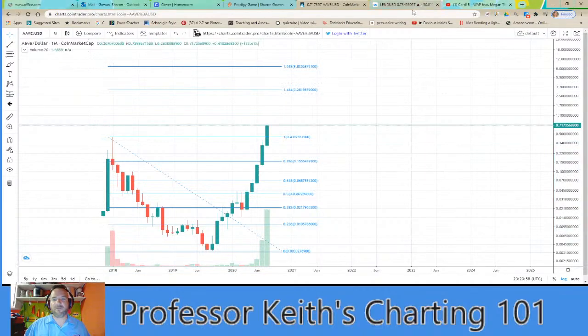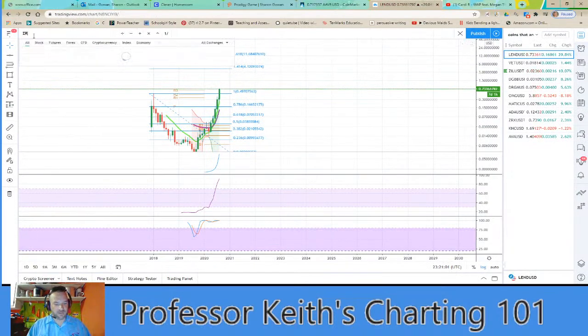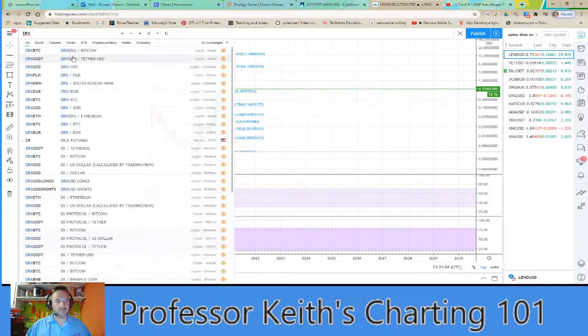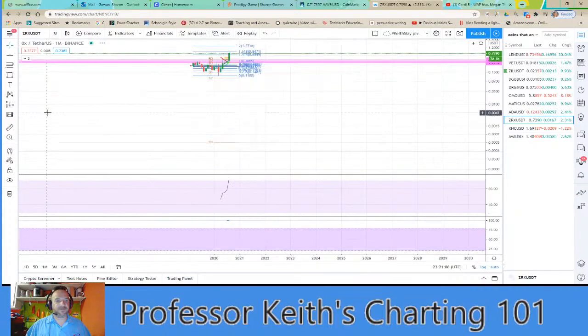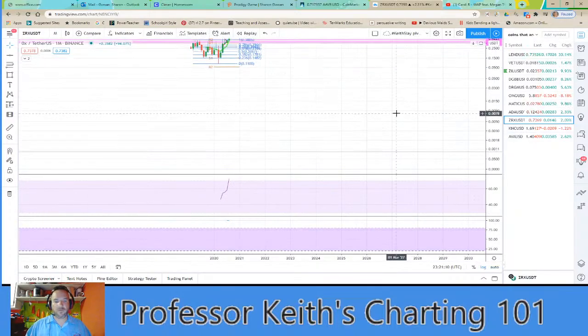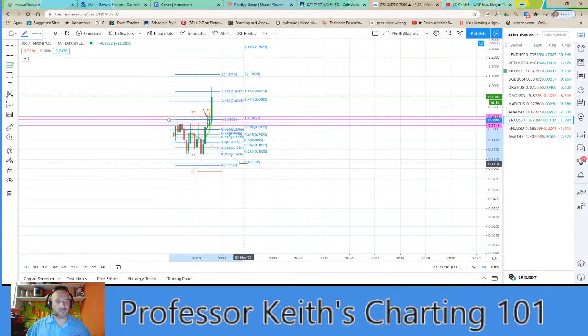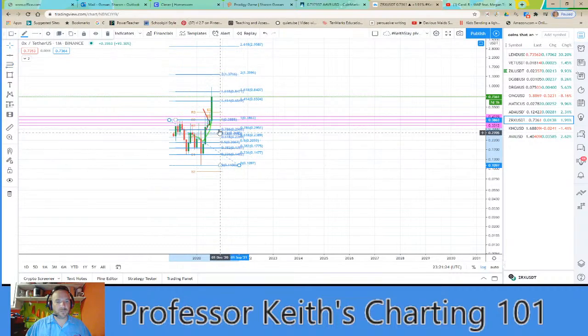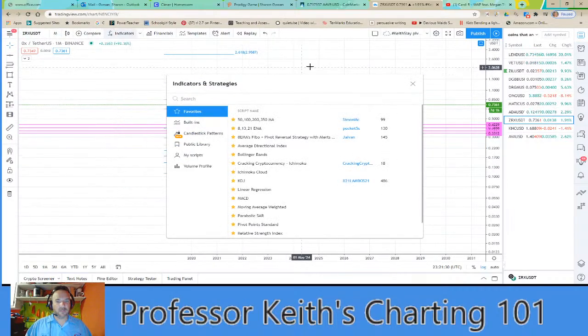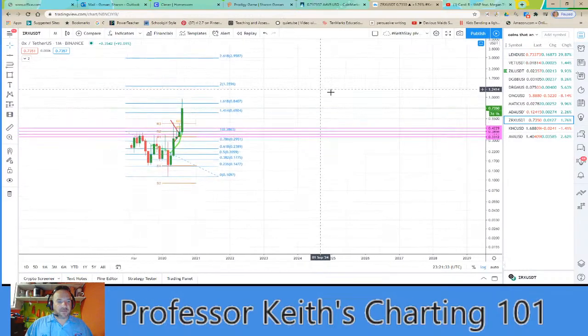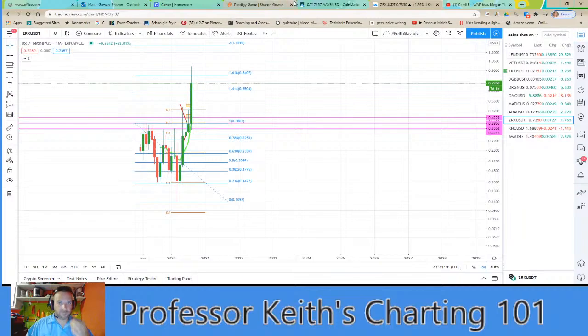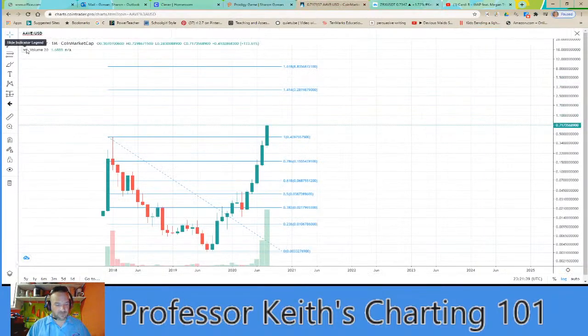ZRX. Well, let's have a peek. What do you think? ZRX. I got it sitting right over here. RSI's got some room. Let's see what you like. It looks like basically the same fractal. Looks like it's already at 1618.